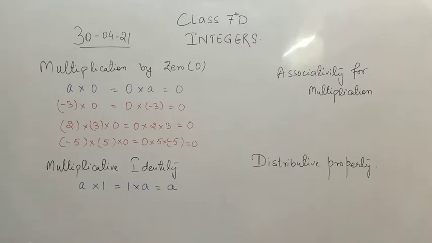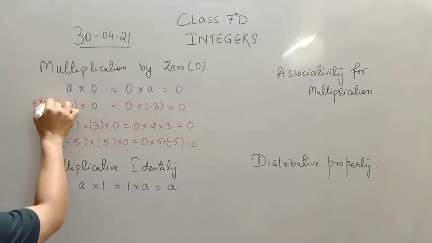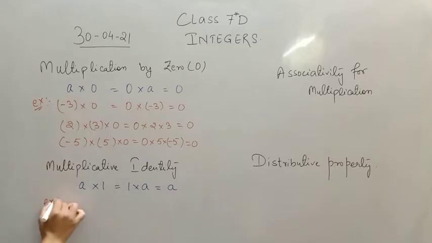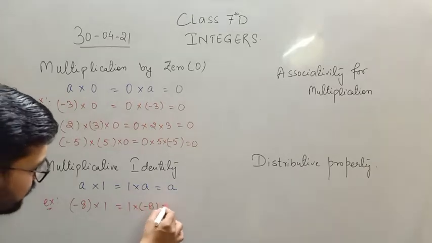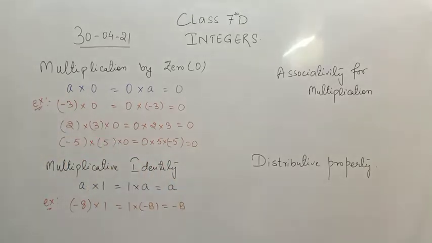Okay, I'll give you one example. Let's say you have one negative integer -8. When you multiply it with 1, or 1 is multiplied by any other negative integer, the result comes out to be that number itself, right?